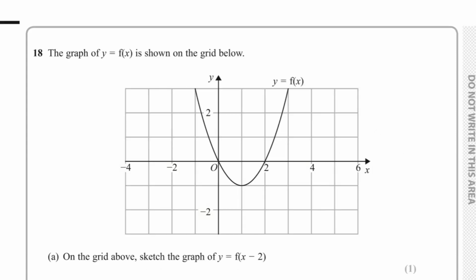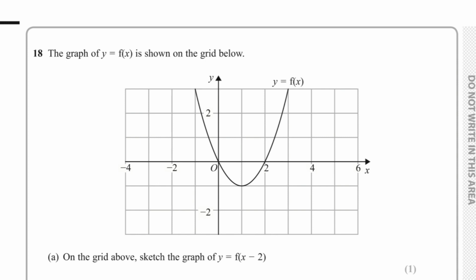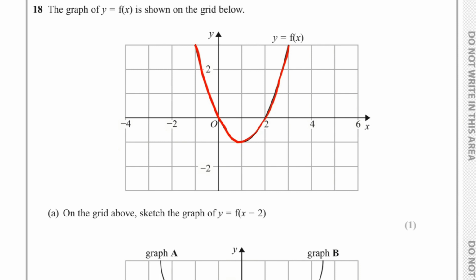Question number 18. The graph of y equals f of x is shown on the grid below, and on the grid above we have to sketch the graph of y equals f of x minus 2. Well, here I've got the graph of y equals f of x, and what I need to do, if I think about how to go from y equals f of x to y equals f of x minus 2, well, let's write this down.